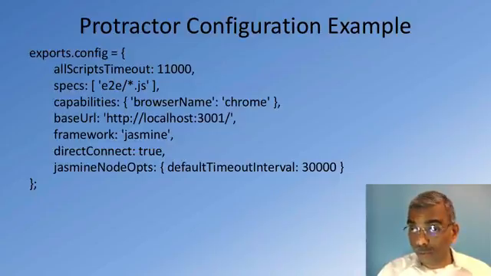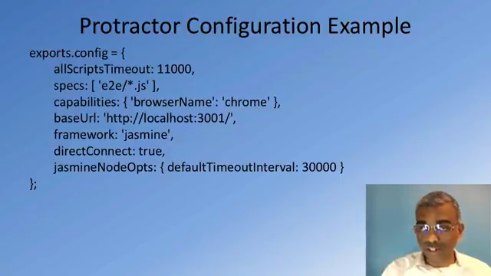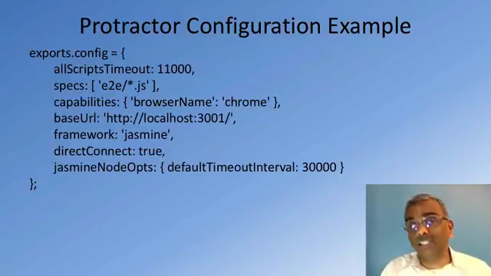Now, there are more configuration options available for Protractor. I don't illustrate all of them in this example. I just illustrate something that works for our example. This should be good enough to work for most end-to-end tests that you need to carry out. So let's examine this configuration briefly.